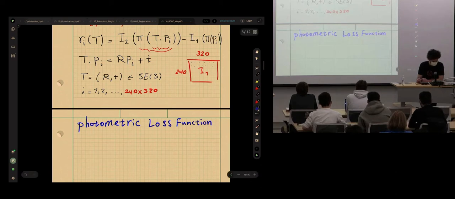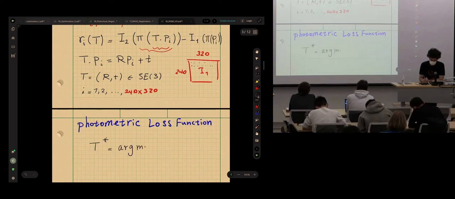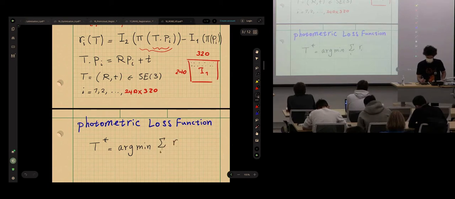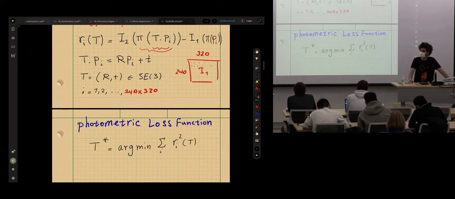So we're ready to formulate the first problem. The optimal transformation is the transformation that minimizes the sum of squares of these residuals. And this is the least squares formulation of the problem.